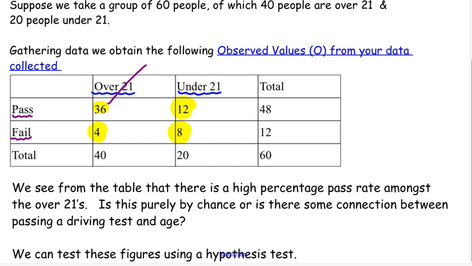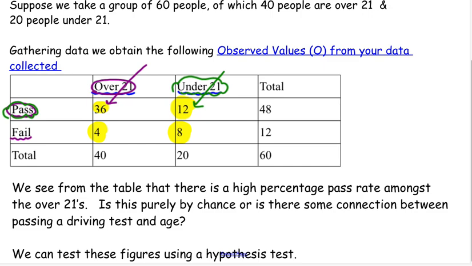So if I look at this first box, what this says in the yellow is 36 people over 21 passed the test the first time. If we look at this number right here, what this says is 12 people under 21 passed the test the first time.